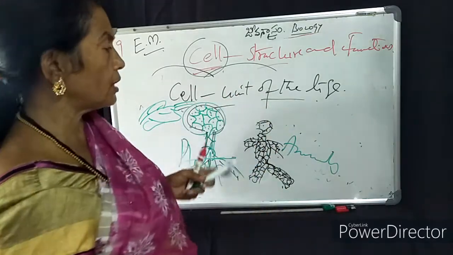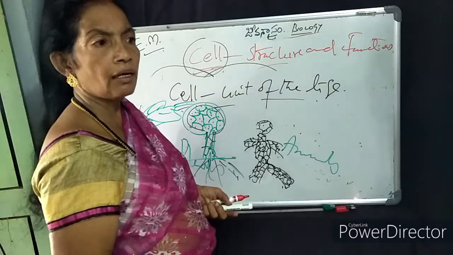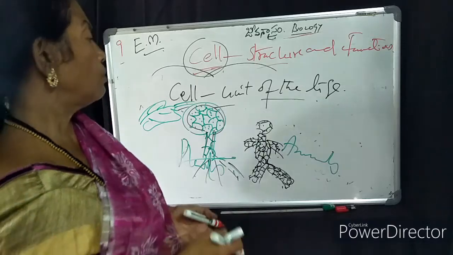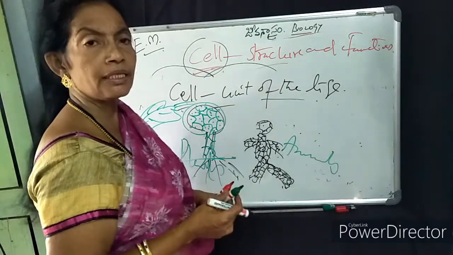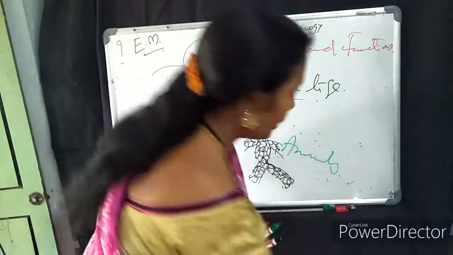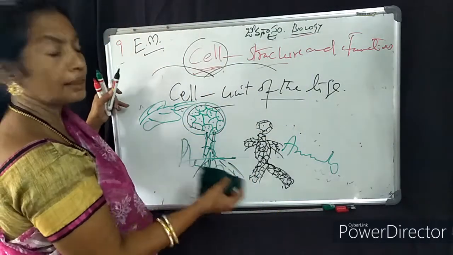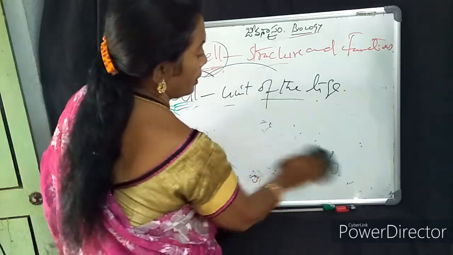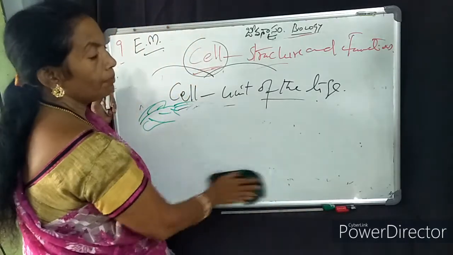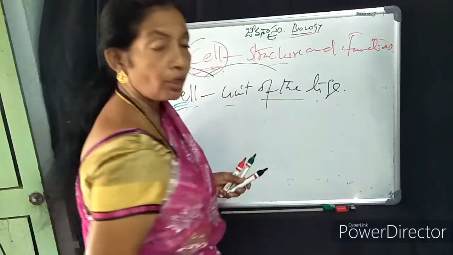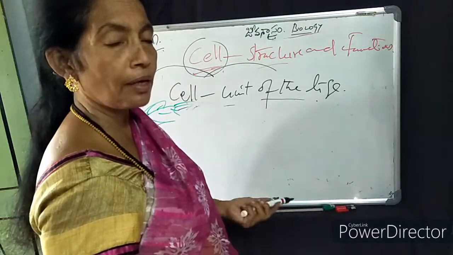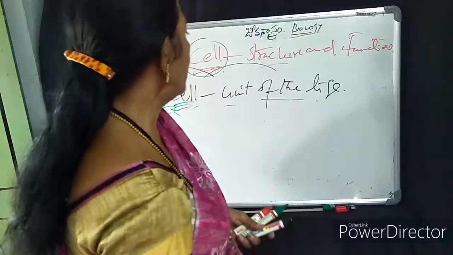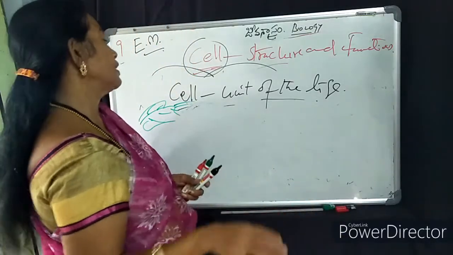So if anybody asks where you see cells, you should not just stand there, because you have already learned in 8th class that every animal and every plant, small or big, has a body filled with cells.